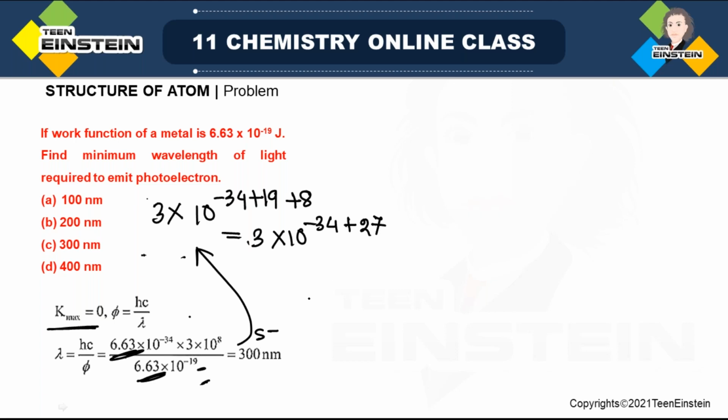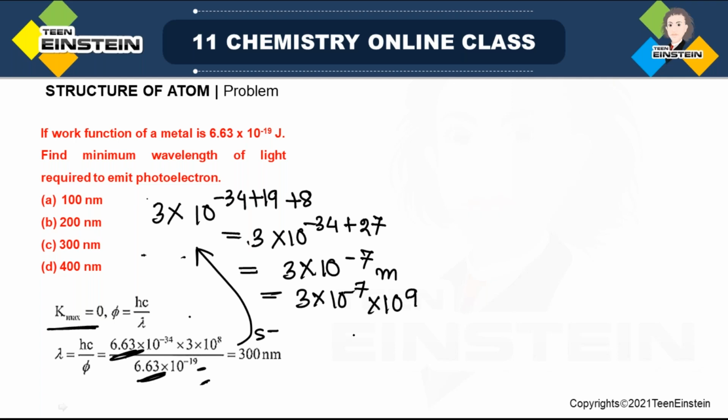So ultimately what we are getting will be 3 into 10 to the power minus 7 meter. But we have to convert it to nanometer, so 3 into 10 to the power minus 7 multiplied by 10 to the power 9. When you are converting meter to nanometer, you have to multiply with 10 to the power 9.